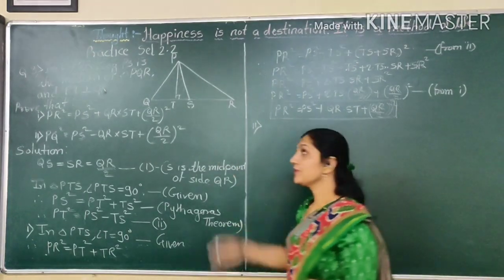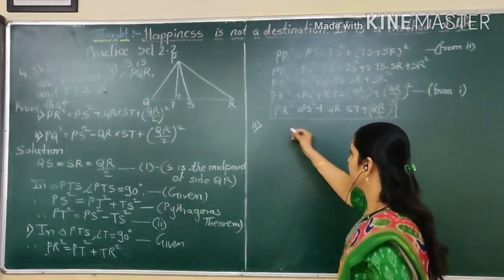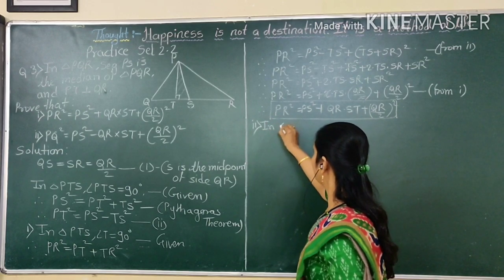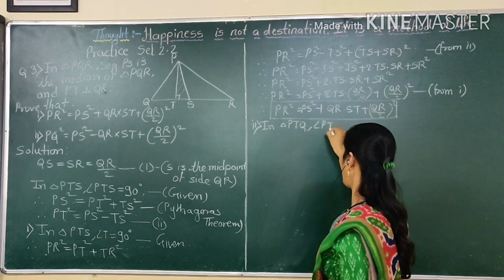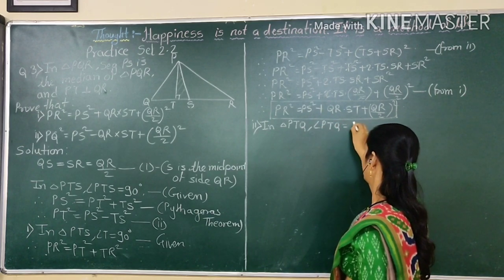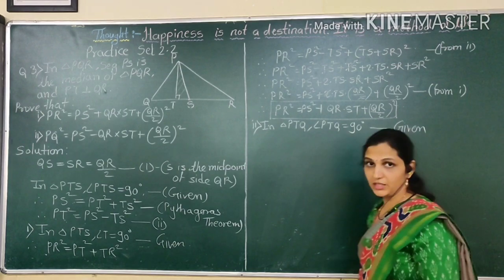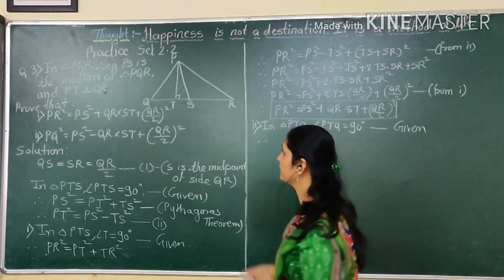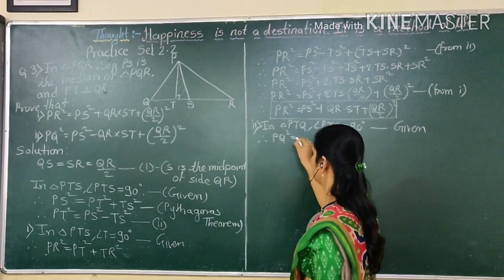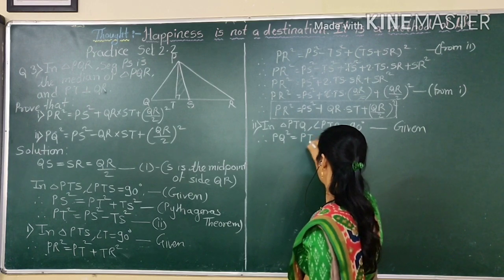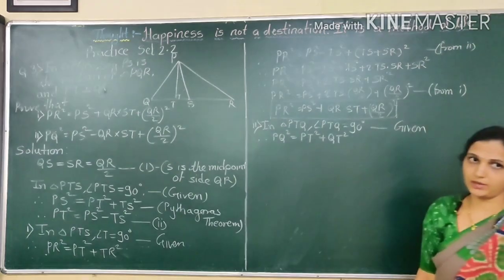For second part, consider another triangle, that is triangle PTQ. So in triangle PTQ, angle PTQ is equal to 90 degree. Given part, then use again Pythagoras theorem. PQ square is equal to PT square plus QT square.